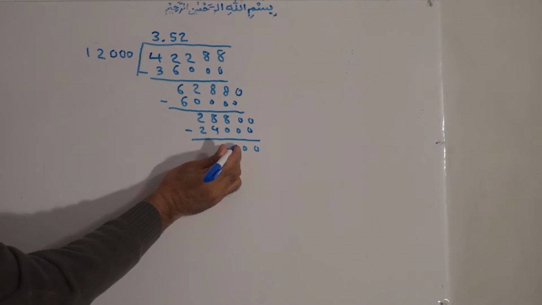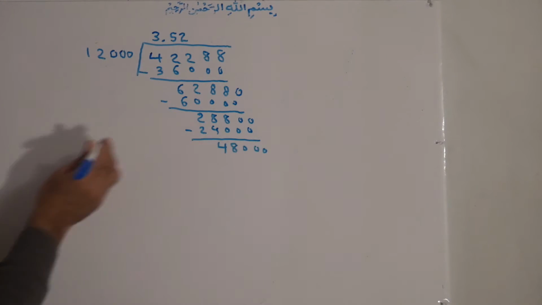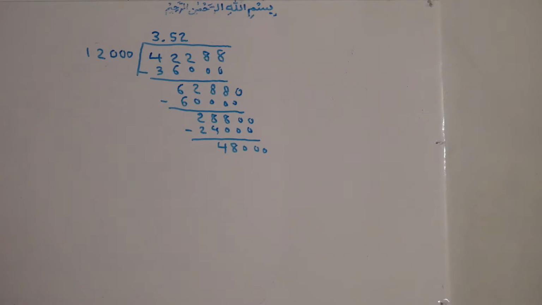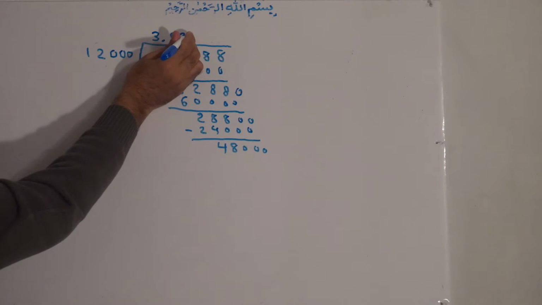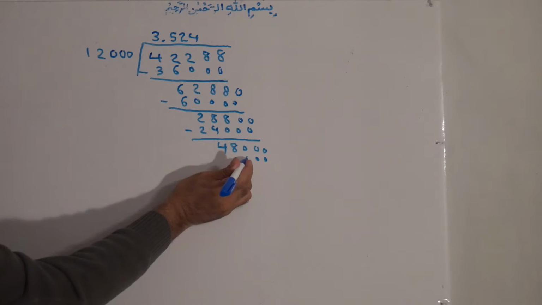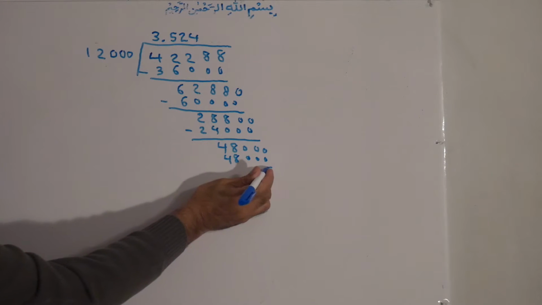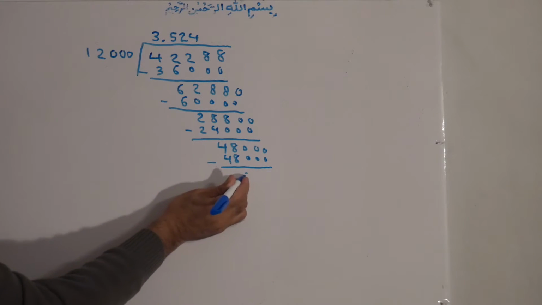Zero, 0, 8, 4. We put another 0, then 4 times 12 is 48,000. 48,000 minus 48,000 is 0.